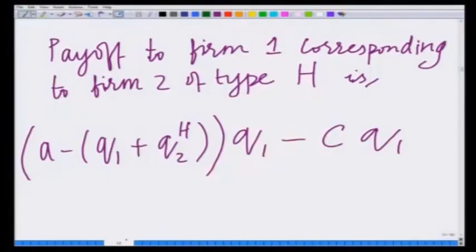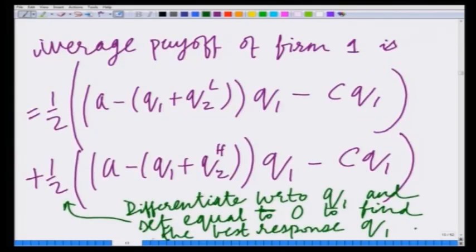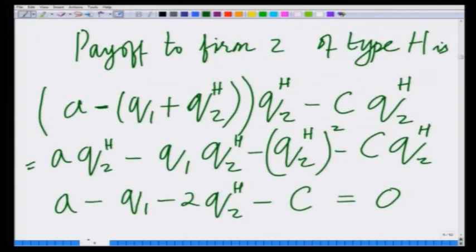Therefore, we will have firm 1 producing Q1 star, firm 2 of type low producing Q2 L star, and firm 2 of type H producing Q2 H star.